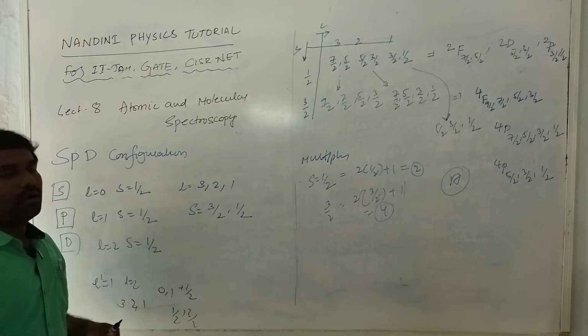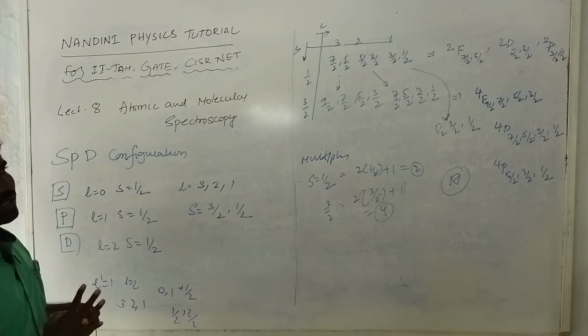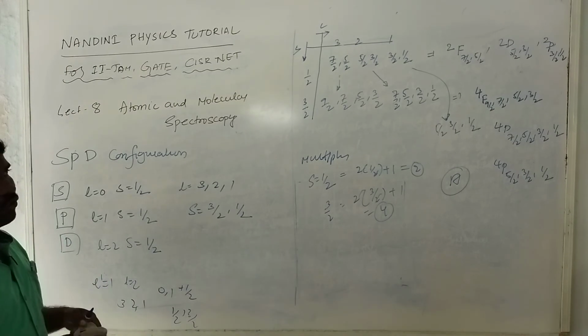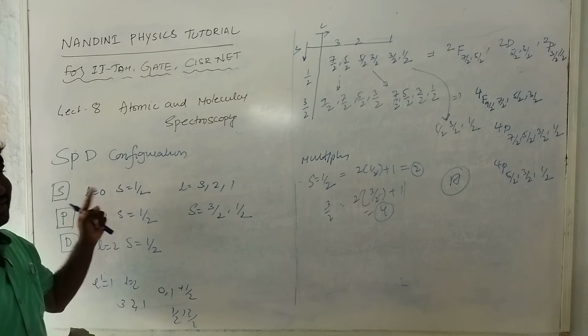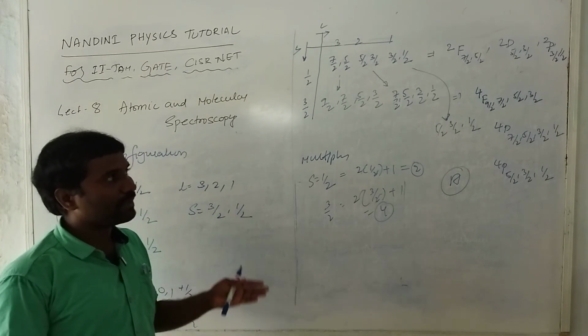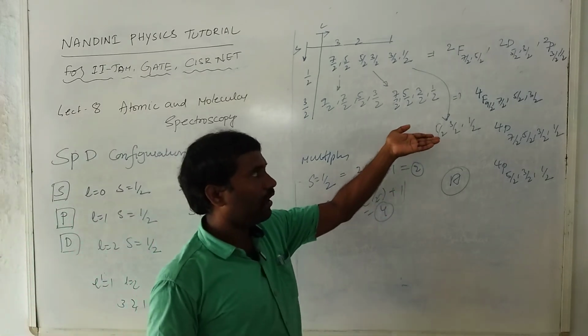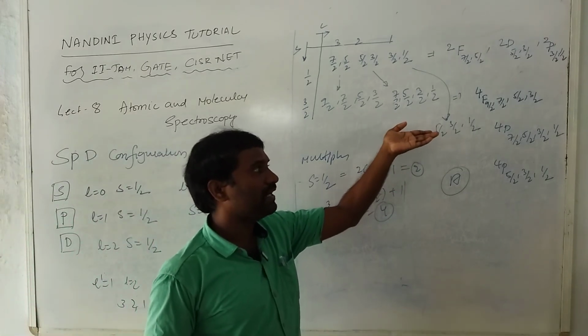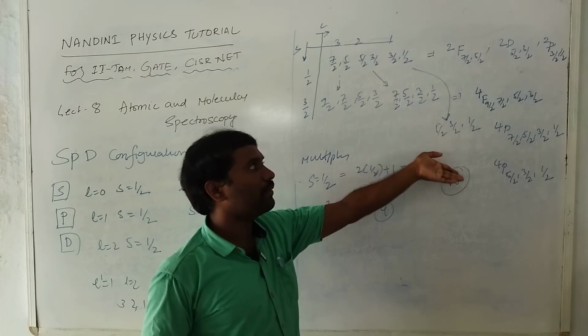Right now, how to find the ground state of these spectral lines. So that is very important, and these are very important for GATE and similarly IIT JAM. So these topics are very important, how to find out the spectral terms. Okay, after finding the spectral terms, you want to find out the ground state energy of the above spectrum.